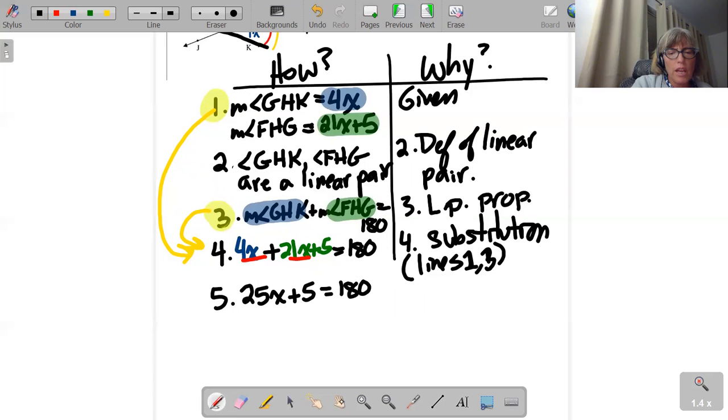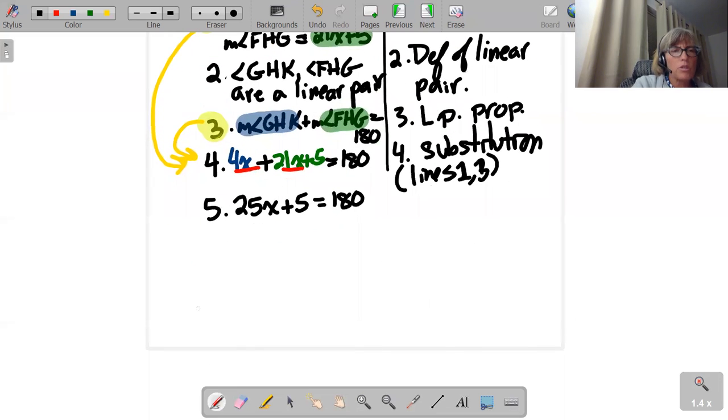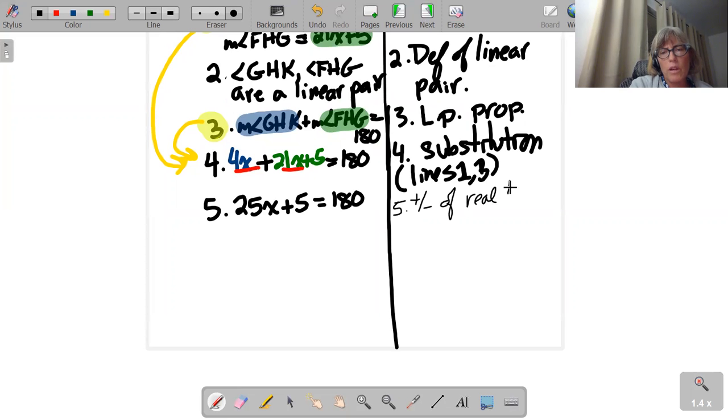The technical name for collect like terms, we might run out of space here, is number 5. That is addition/subtraction of real numbers. That's what you commonly call collect like terms.